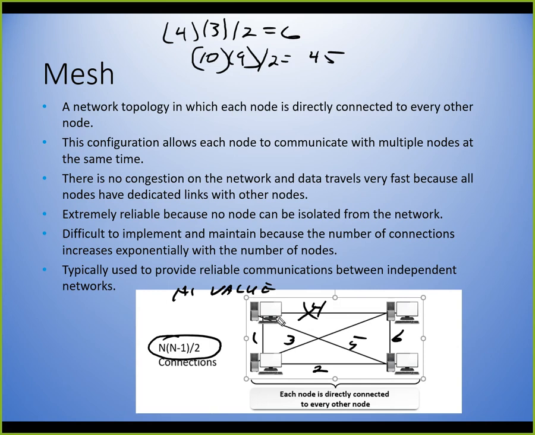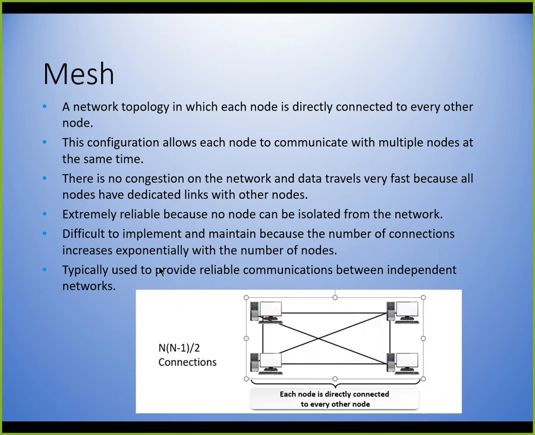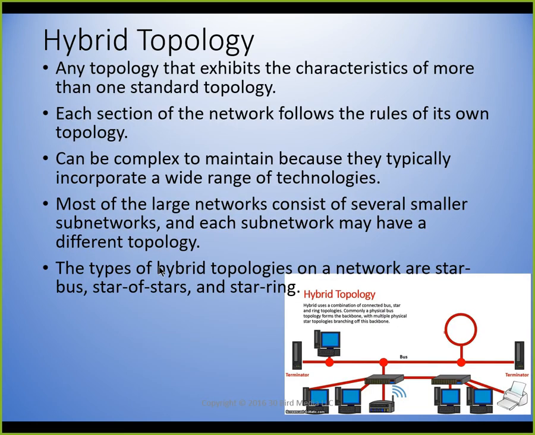I could go this way. So multiple communication paths is a really big advantage of this. Difficult to implement because the number of connections increases exponentially with the number of nodes, using that formula. Used to provide reliable communications between independent networks. Reliable communications, high value units are the ones we're going to do this for.